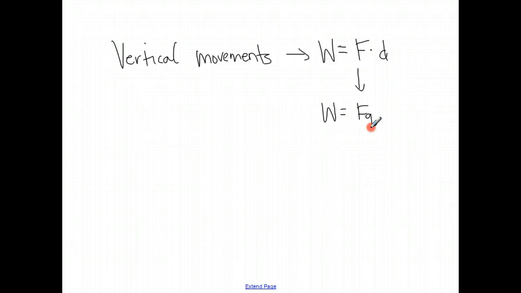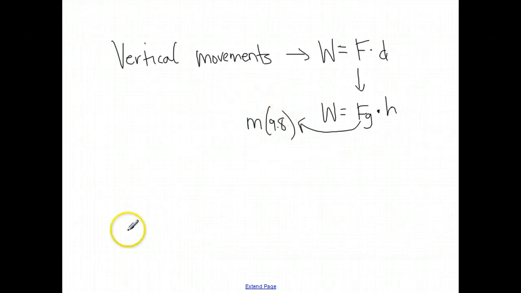If we're moving something above the Earth's surface or against gravity, the force becomes gravitational force, and the distance just becomes your vertical height. Okay, and this, so you always know, is your mass in kilograms times 9.8, always.